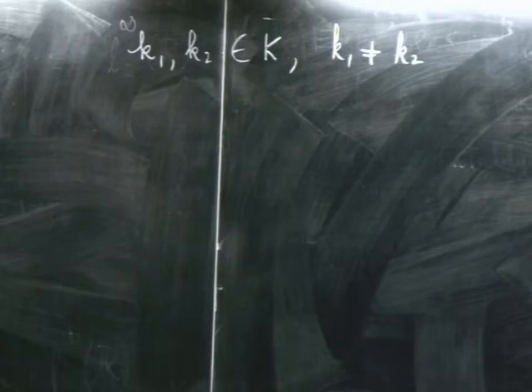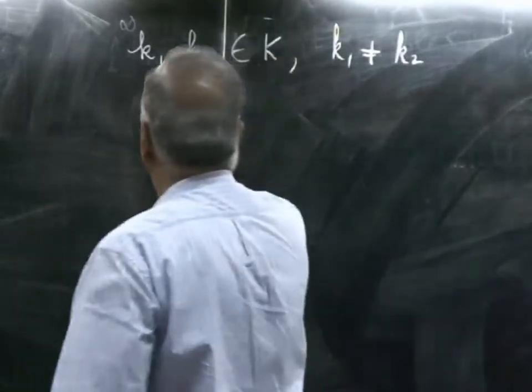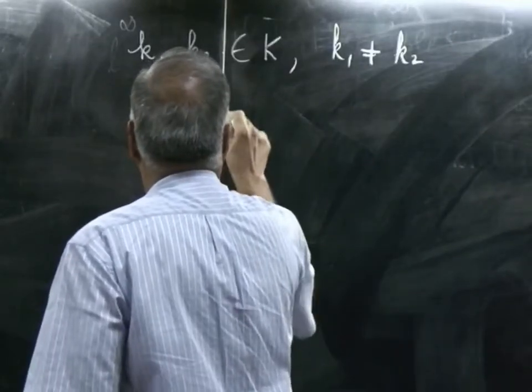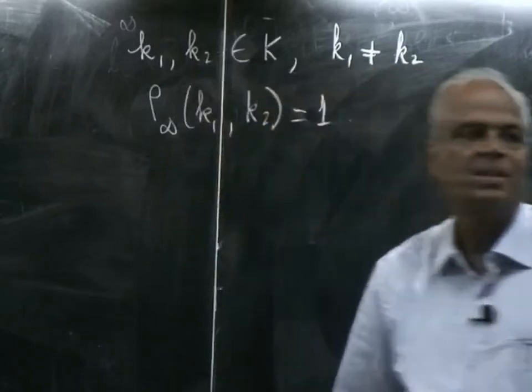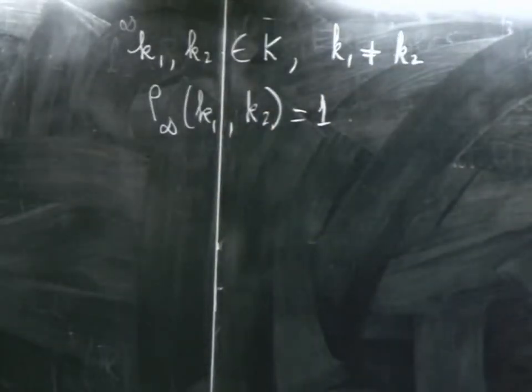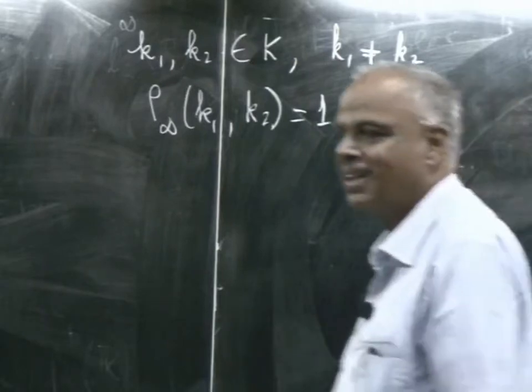So the difference will be 1, and therefore the maximum difference will be 1, because the difference can be either 0 or 1. Notice this very important property: these elements are sitting at a distance of 1 from each other. Any two of them are at a distance of 1 from each other.